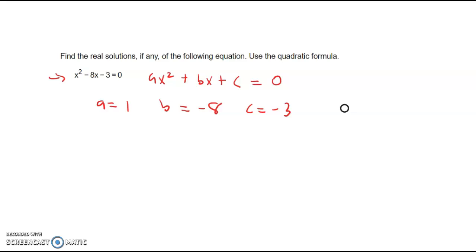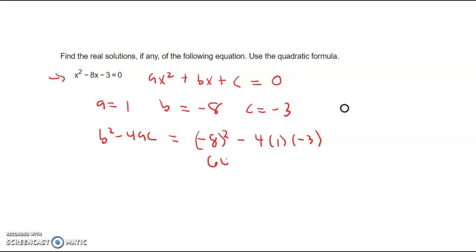Next, we're going to determine if the quadratic equation has any real solutions. And how do we do that? In order to do this, we first determine the value of the discriminant, which is b squared minus 4ac. The b here is -8. You square that, minus 4 times 1 times -3.